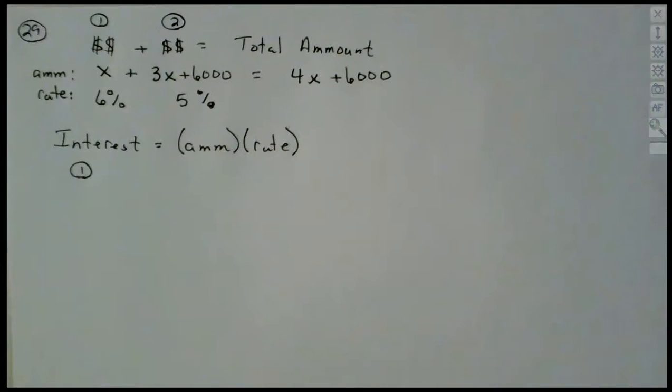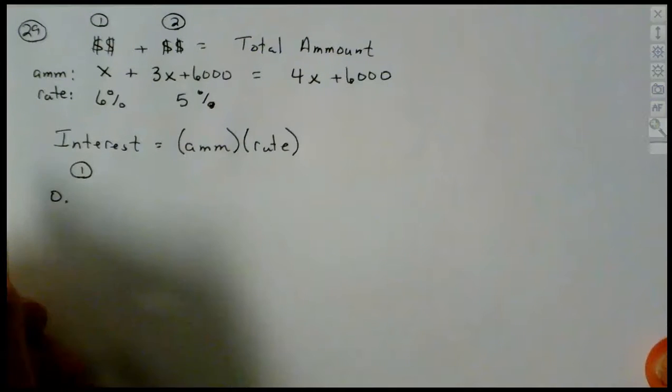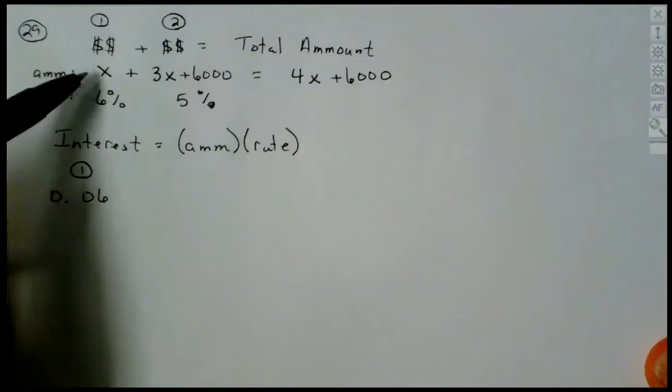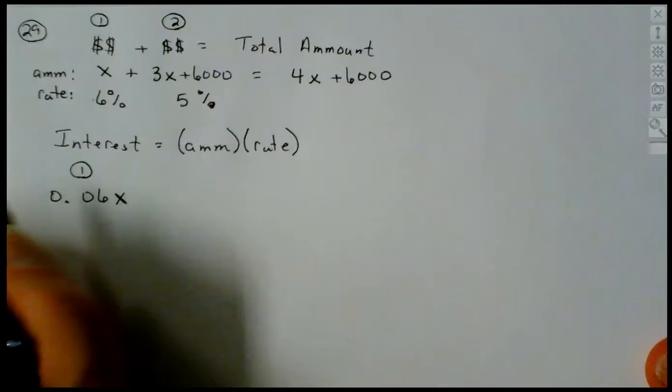Always be very, very careful with these percentages. It's easy to miss these and not use enough zeros. So 6%. 6% is not 0.6, it's 0.06. And then we're going to have to multiply it by x, by the variable x.